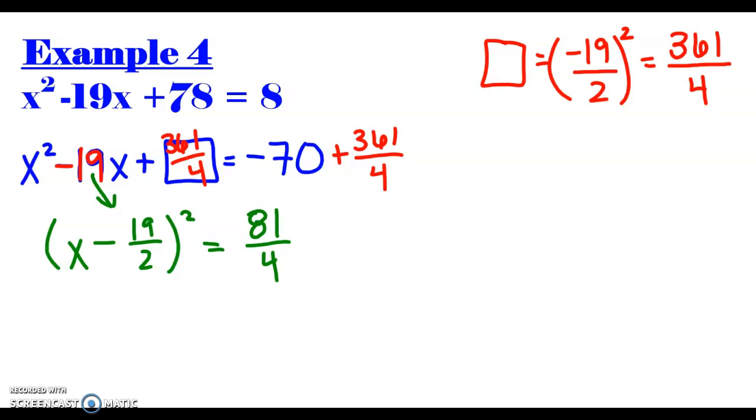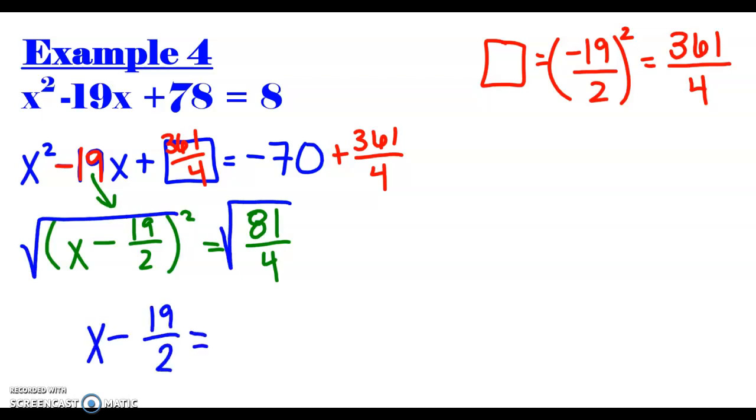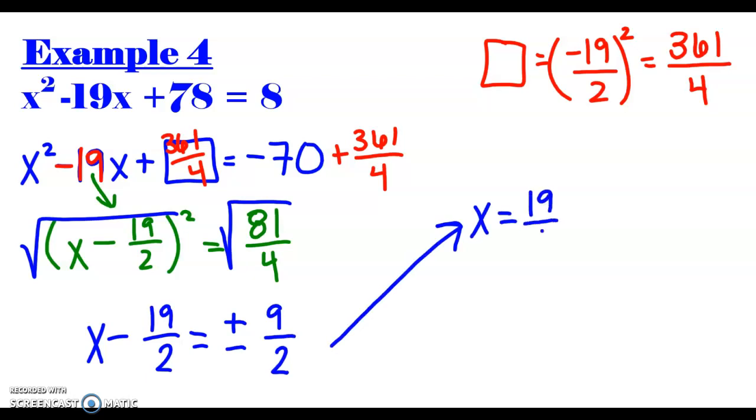So now to get rid of a square, I would square root. So I have x minus 19 halves equals positive or negative. This ends up being pretty, right? The square root of 81 is 9. The square root of 4 is 2. So then when I solve for x, I've got x equals 19 over 2 plus or minus 9 over 2.